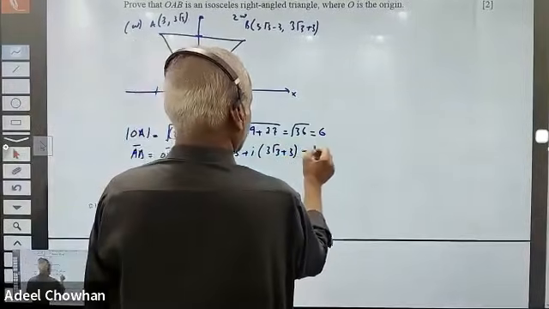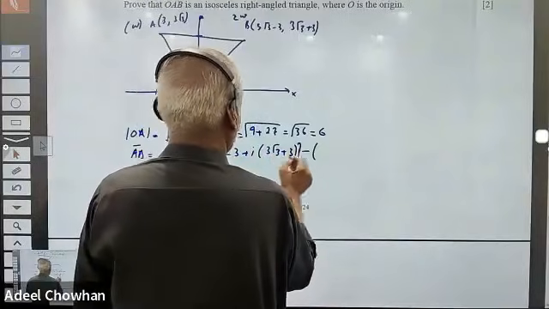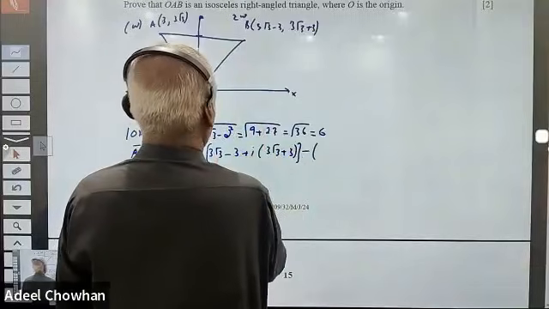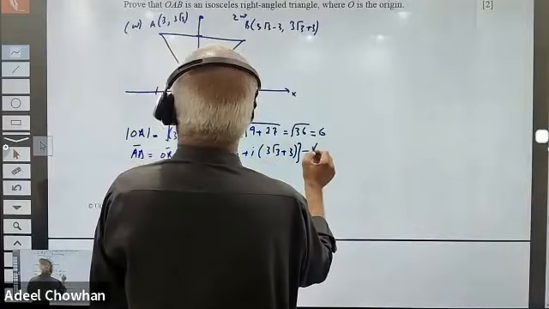Minus A value, which is minus 3 plus iota 3 root 3.